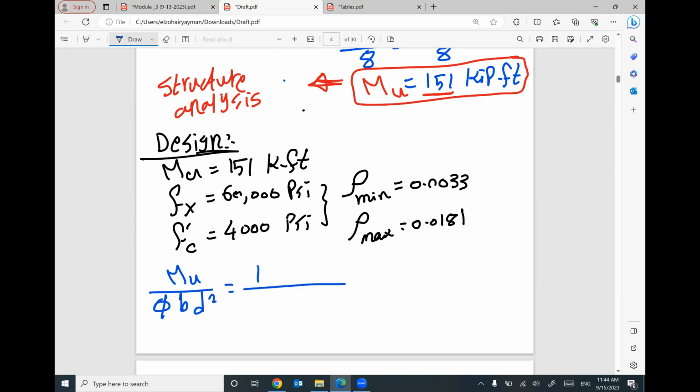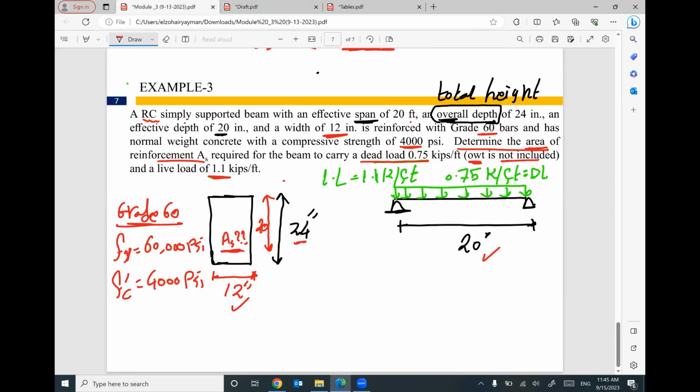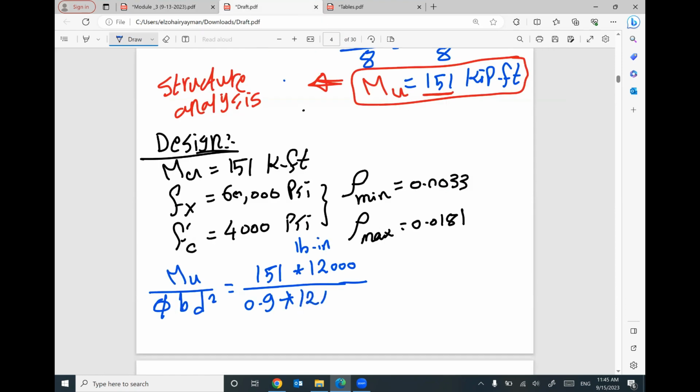M ultimate after structural analysis is 151 kip foot, which I will multiply by 12,000 to get pound inch. Divided by phi, I'm assuming 0.9. The b of the cross section is 12. Your depth is 20, times 20 inch squared. So I can find my value.